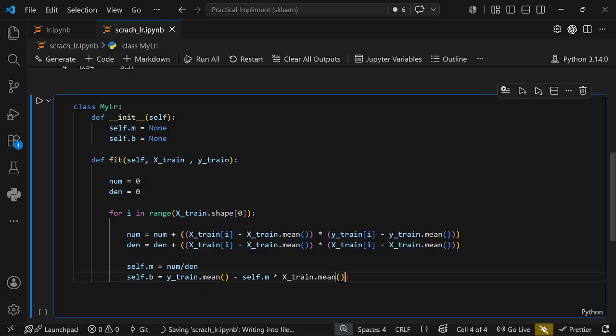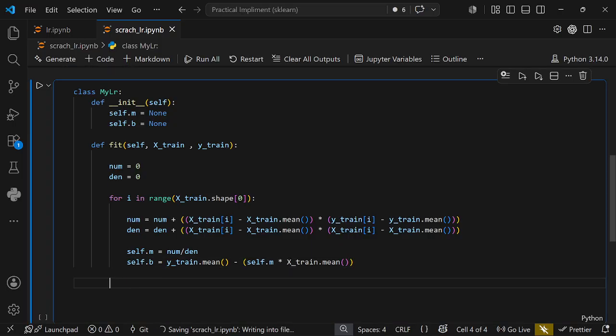Let's combine this. So this is our intercept formula, and now we are going to print the values.